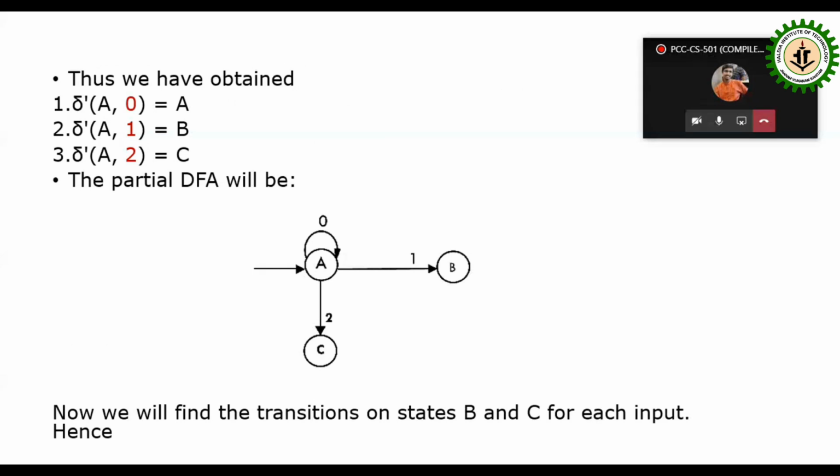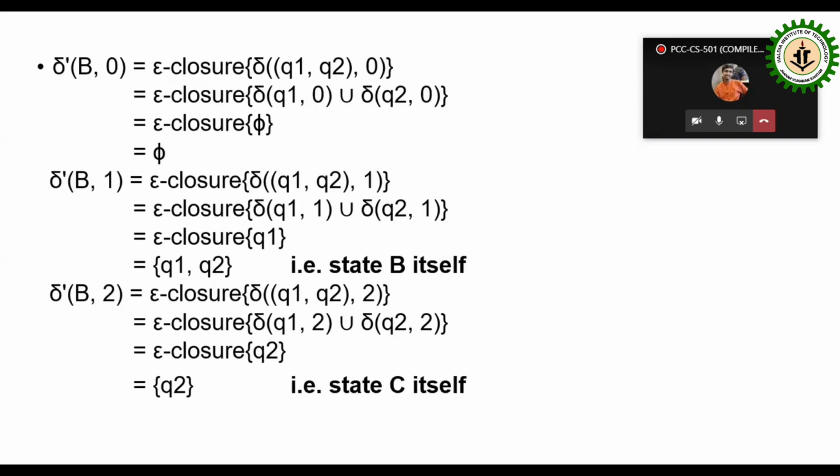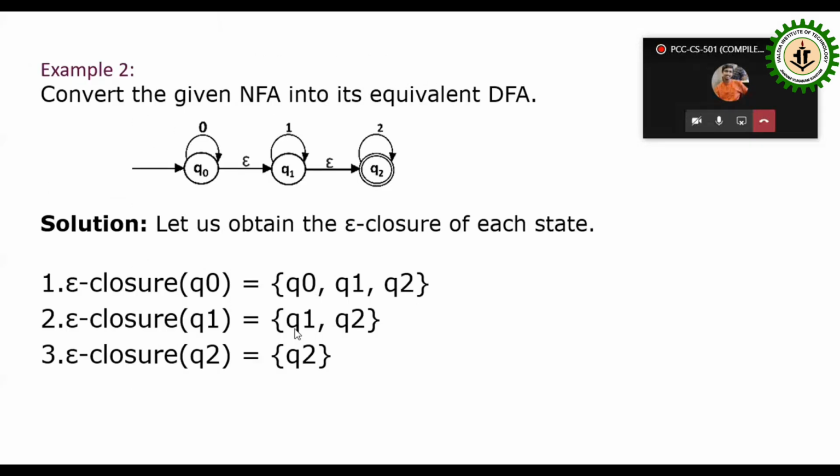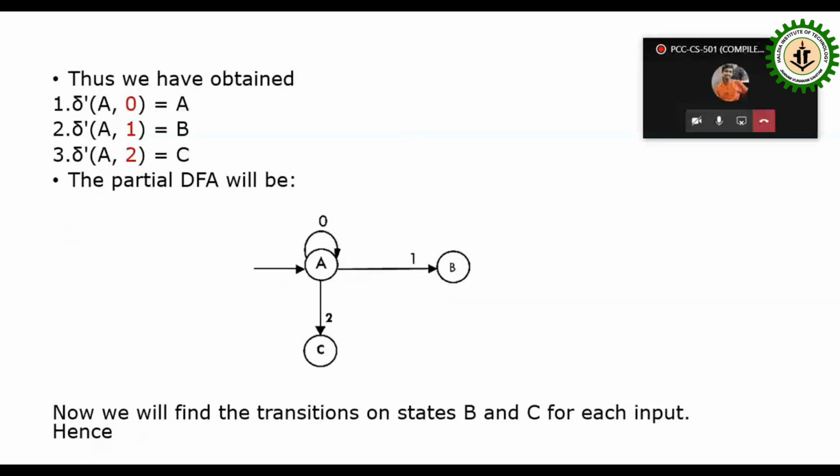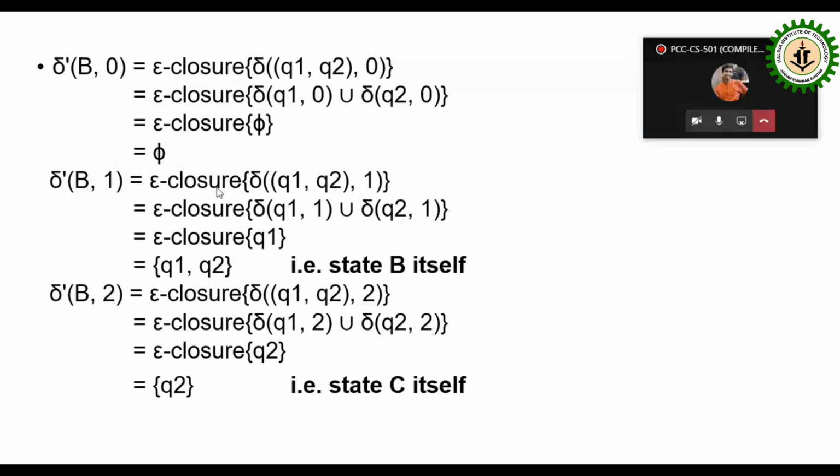The partial DFA will be like that: for 0 input A, for 1 input you are reaching B, for 2 input you are reaching C. Now from B, for 0 input we cannot reach anywhere, so that goes to phi. For 1 input from Q1, Q2, you reach Q1, Q2, B itself.